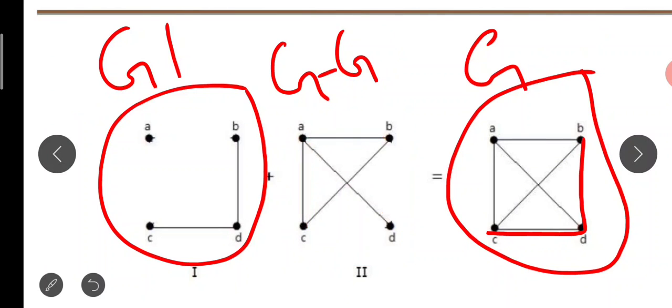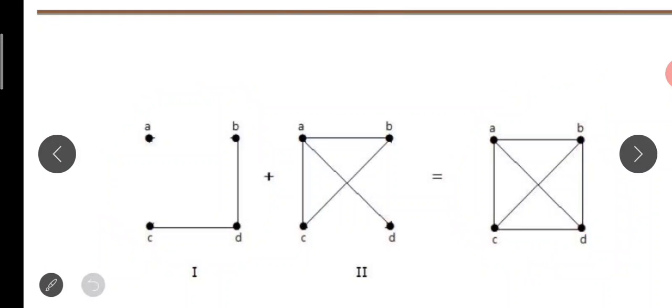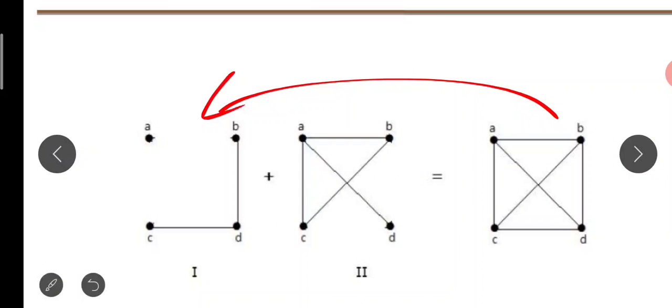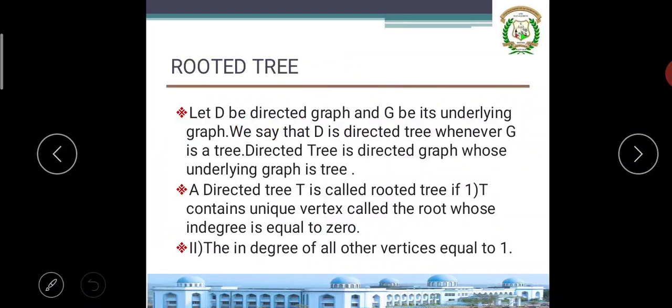Please try to concentrate on it. We understood that if from a complete graph I remove a part, then what remains is the complement of that part. So we understood complement.